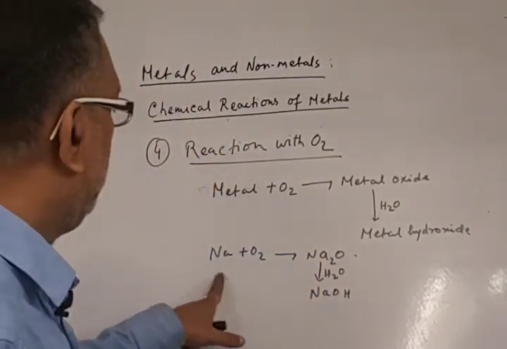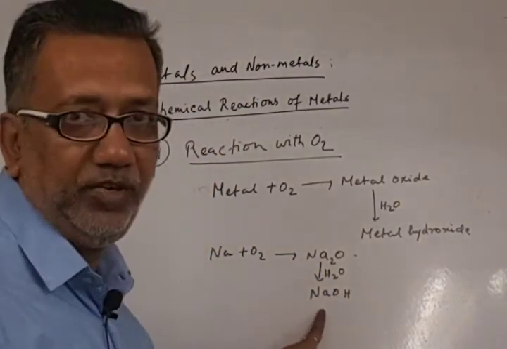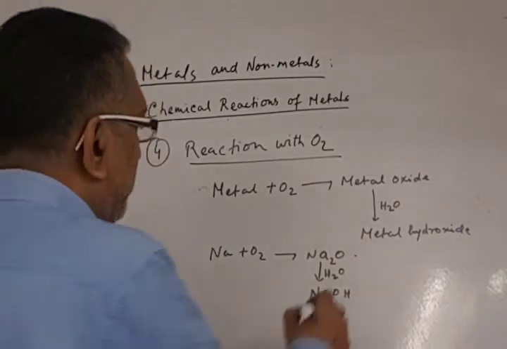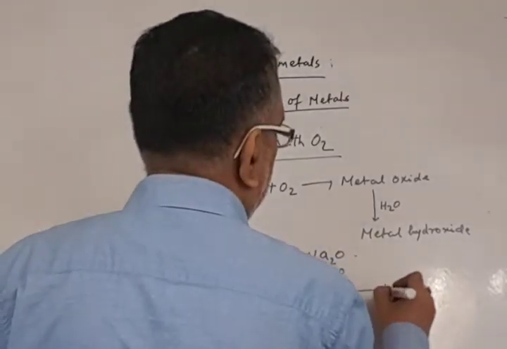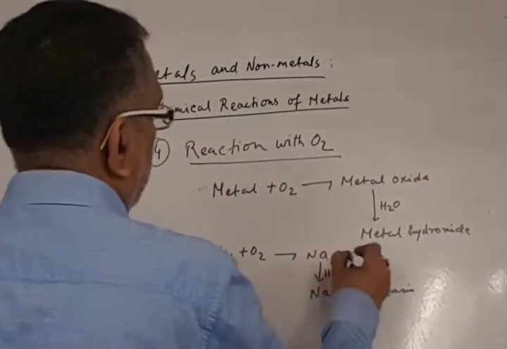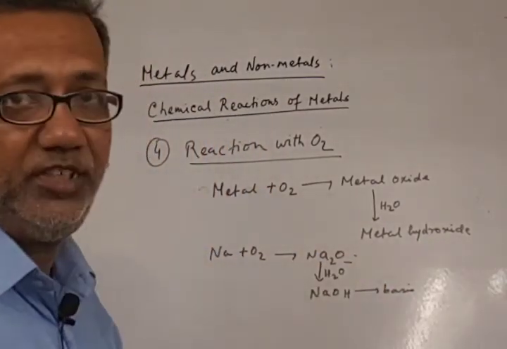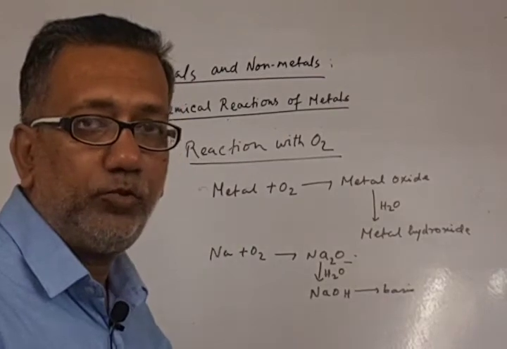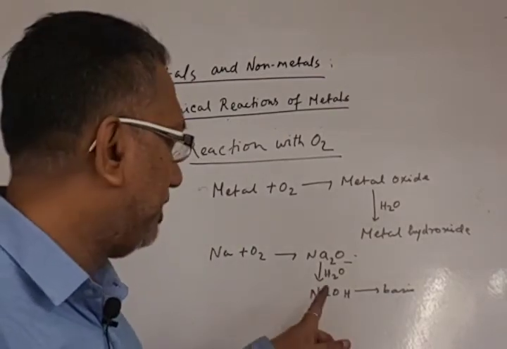So sodium hydroxide is ultimately produced, and this is basic. So sodium oxide is called a basic oxide because it produces a base when it reacts with water.